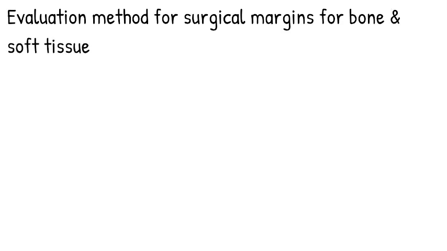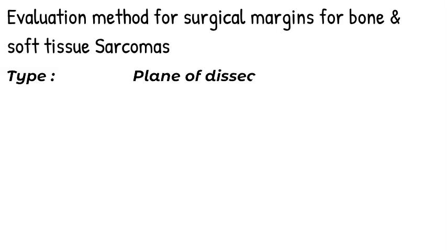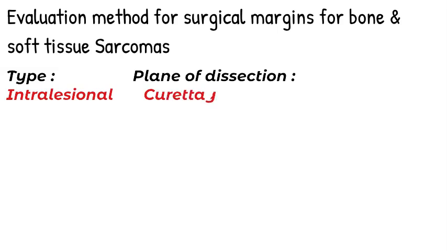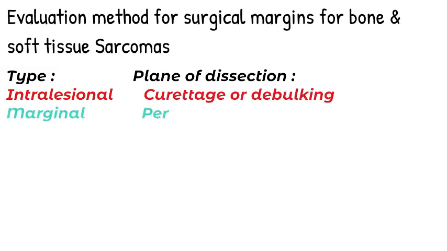Evaluation method for surgical margins for bone and soft tissue sarcomas. The type and the plane of dissection. For intralesional margin, curettage or debulking. For marginal margin, pericapsular reactive zone.